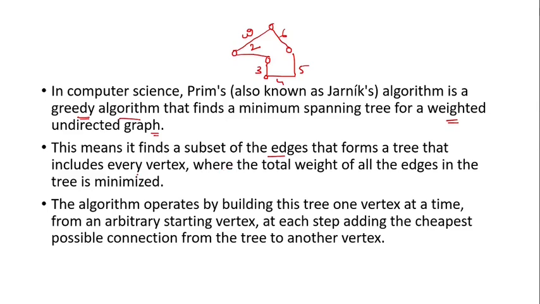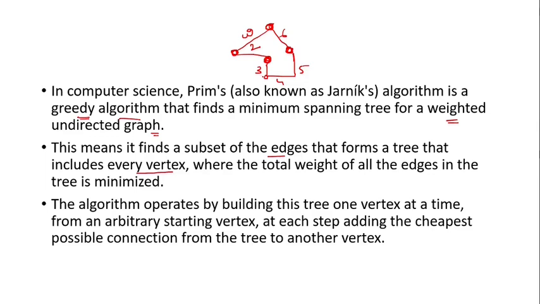Every vertex has to be visited. So if you are applying Prim's, Kruskal, or Dijkstra, all vertices have to be visited. You cannot skip any vertex. All vertices have to be visited, but you can skip some of the edges. The edges which have maximum weight have to be excluded from your visit.